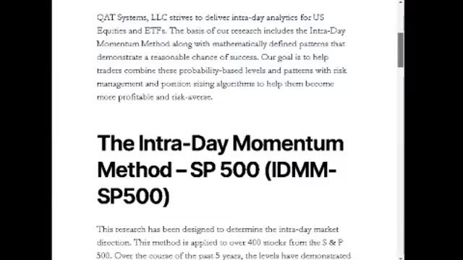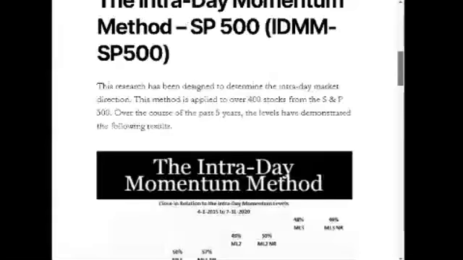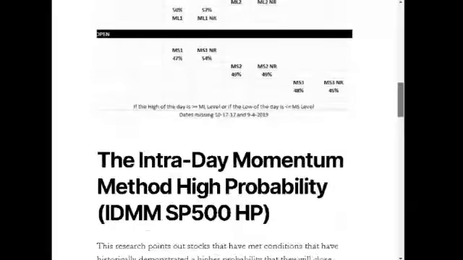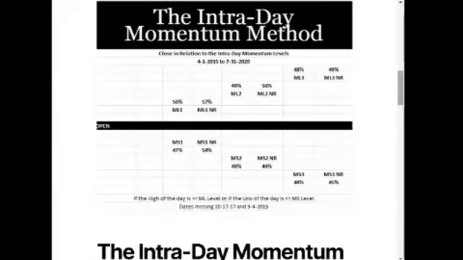I'm giving free trials for 7 days to the Intra-Day Momentum Method for the S&P 500. Basically, these are stocks that meet the levels. This is not the high probability scenario. This is just if a stock reaches the ML1, it closes at or above that level 50% of the time.